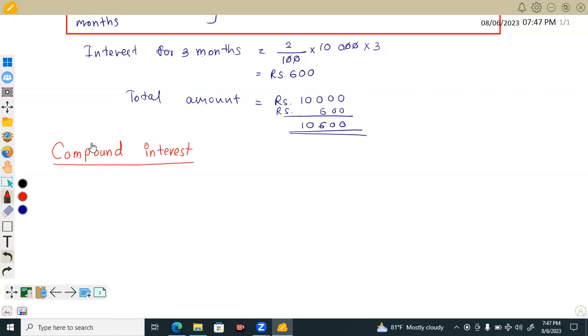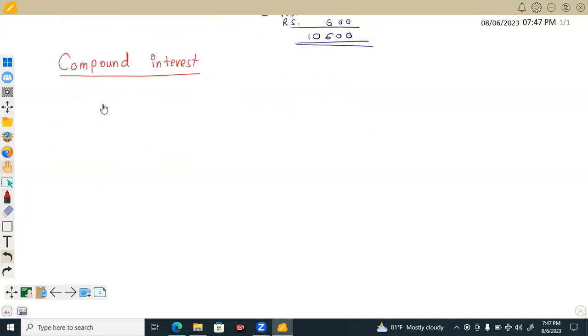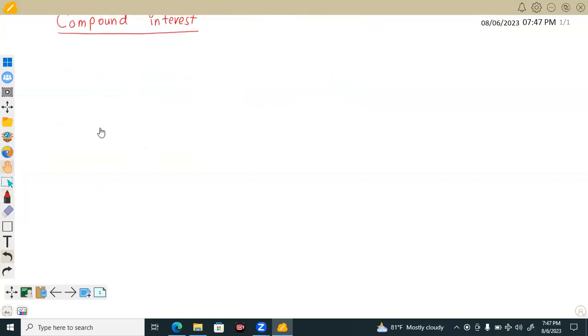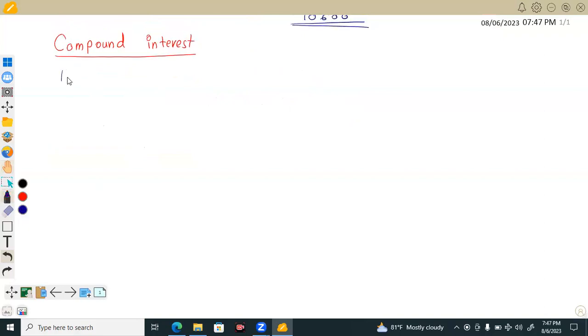Okay, under compound interest, let's write down first example. Here I am teaching you how to obtain the answer for the total amount that we have to pay under the compound interest at the end of particular years with two methods.